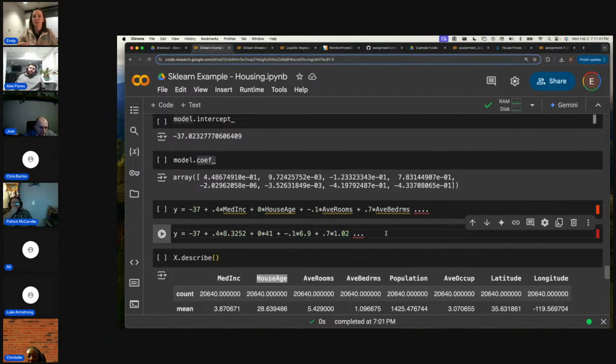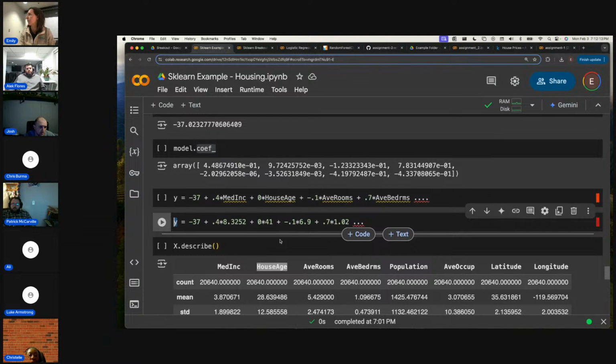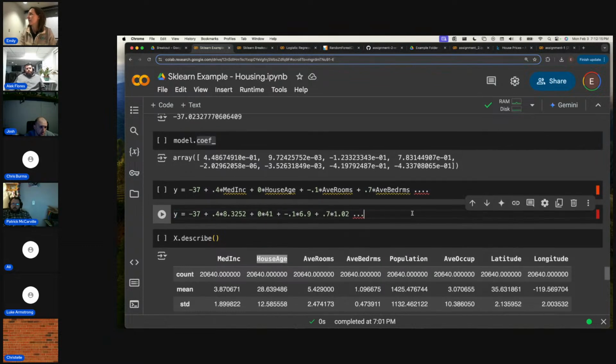You can start to see how I can just plug those numbers into this formula that we created. And if I ran and evaluated that, I would get a single value prediction for y here. If I took negative 37 plus 0.4 times 8.3252 plus 0 times 41, we would just evaluate the equation to get an output. That's our model's prediction. We compare that to what happened in reality, and that's how we know how the model would perform on that given record.